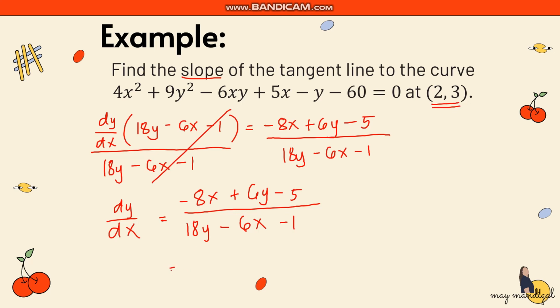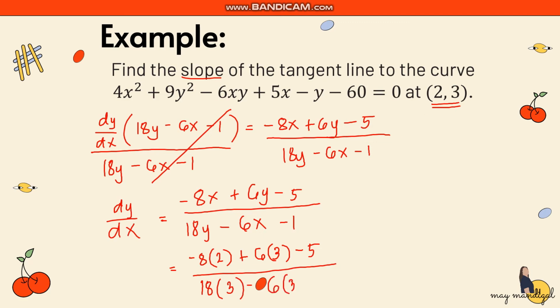So let's substitute: negative 8 times x, which is 2, plus 6 times y, which is 3, minus 5, all over 18 times y, which is 3, minus 6 times 2, and then minus 1. Just simplify everything. We should get negative 3 over 41. So this is now the slope of our tangent line.